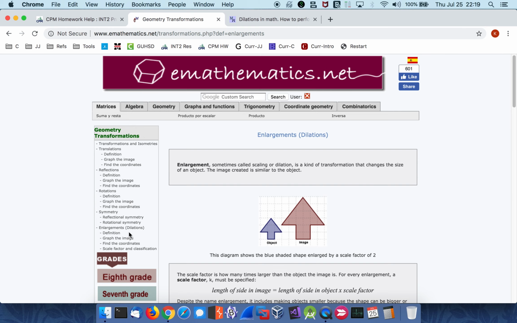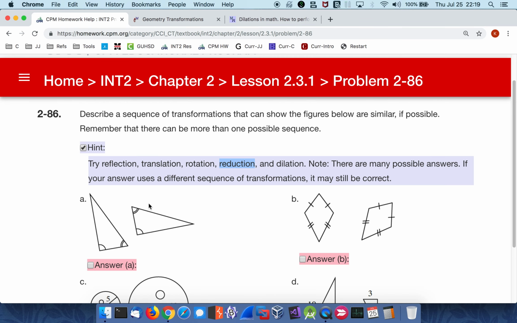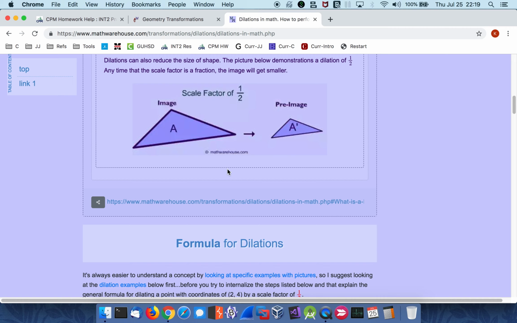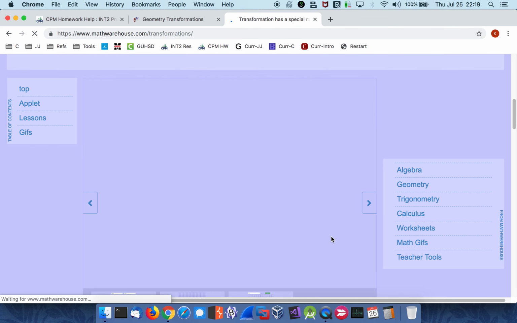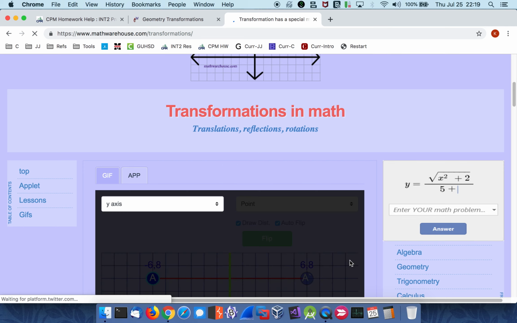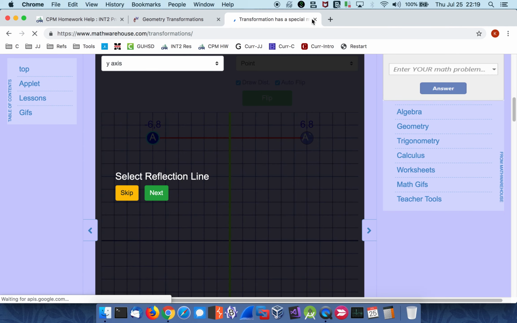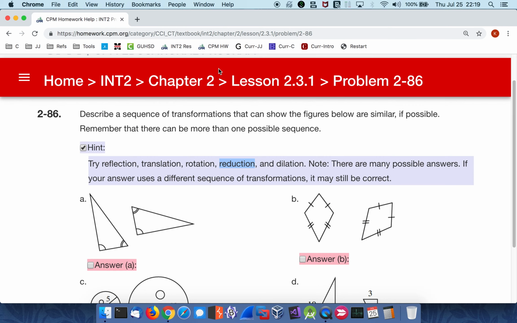Man, these guys are weird. I think they're using multiple terms that mean the exact same thing. I guess dilation can be bigger or smaller, whereas reduction is just smaller.